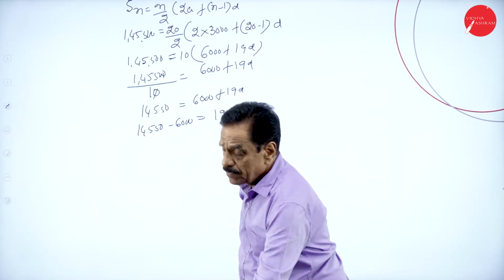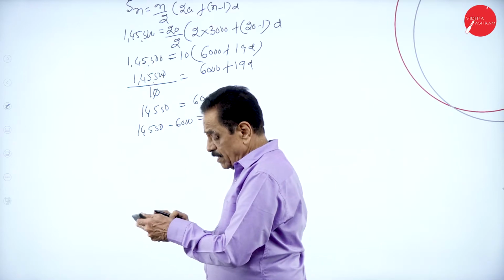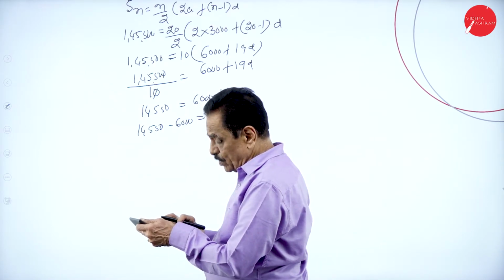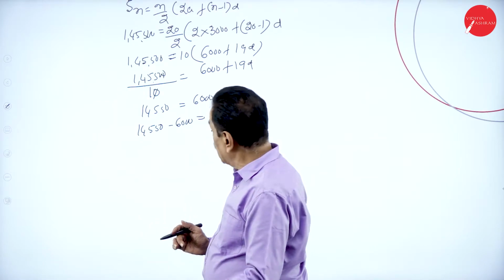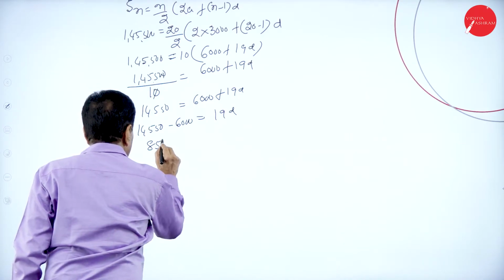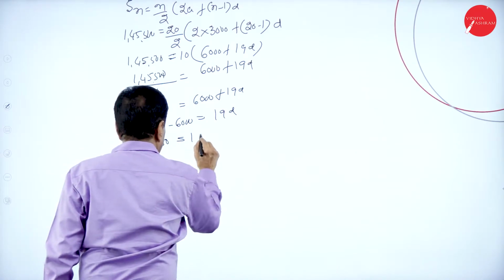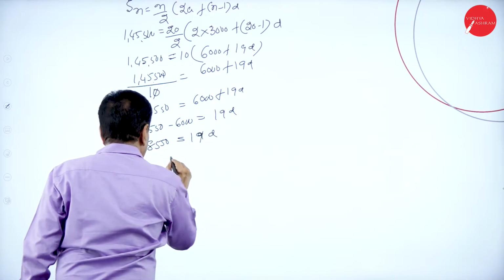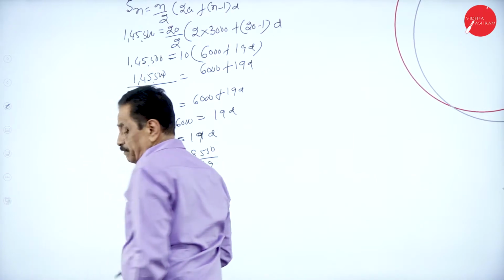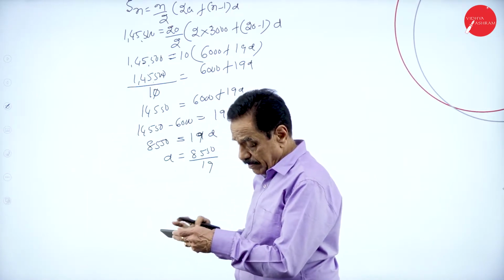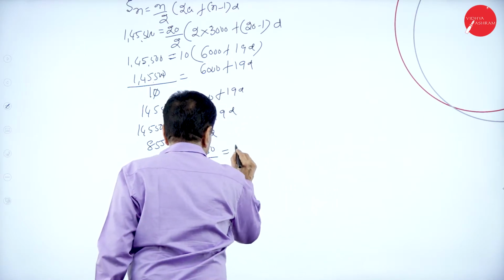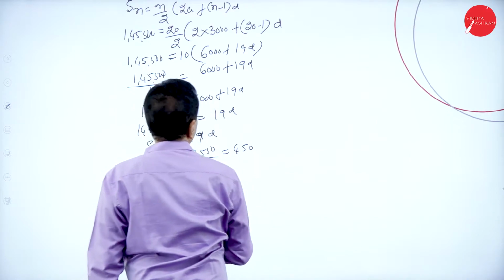Deduct this: 14,550 minus 6,000, 8,550 is equal to 19D. D is equal to 8,550 divided by 19, is equal to 450. Your difference is 450.